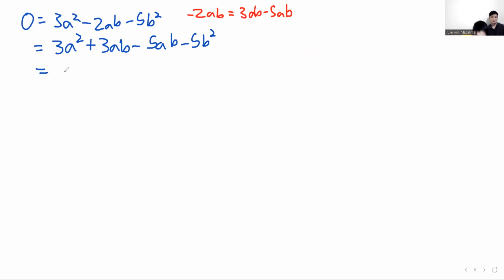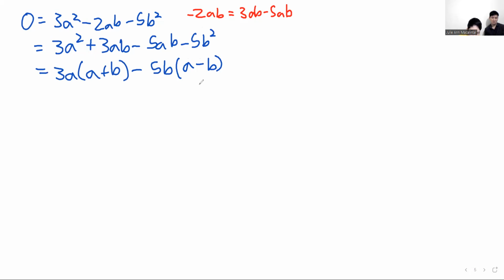3a can be factored. Actually, good because there will be a minus 5ab and similarly, it's also negative 5b squared. So it'll just be some factor minus another factored expression. 3a can be factored out. 3a plus 5b, a minus b.